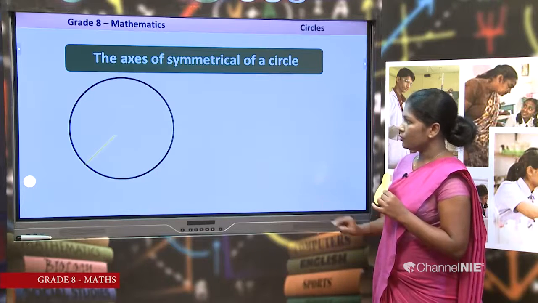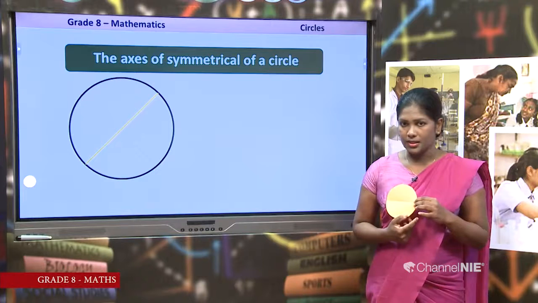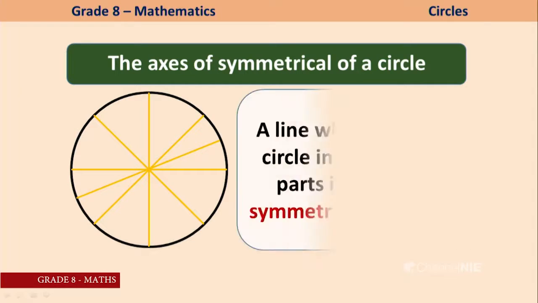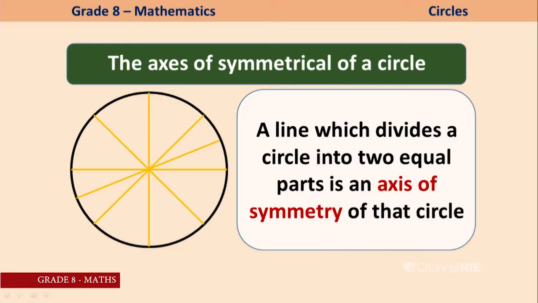Then when we are doing this activity, you can obtain several lines like this. There are several lines in this circle. So those folding lines we can call axes of symmetry. That means a line which divides a circle into 2 equal parts is an axis of symmetry of that circle.